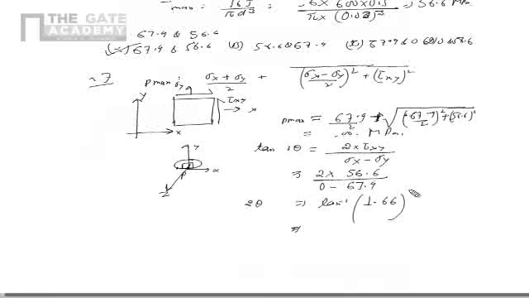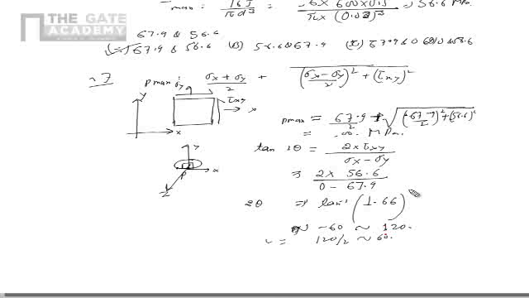If you do this calculation, you'll get around minus 60, which is also equal to around 120 degrees or 121 degrees. So the theta will be 120 by 2, around 60 degrees.